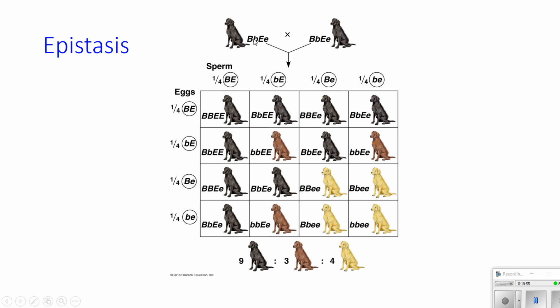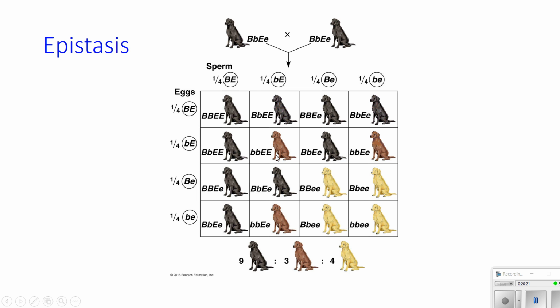So heterozygous black, big B, little b, both of them. And then they're also both heterozygous for the pigment deposition gene. That's the E gene. And so when you cross the two labs, notice it's a dihybrid cross, right? Because we're looking at two separate genes. And so it's a 16-box Punnett square.